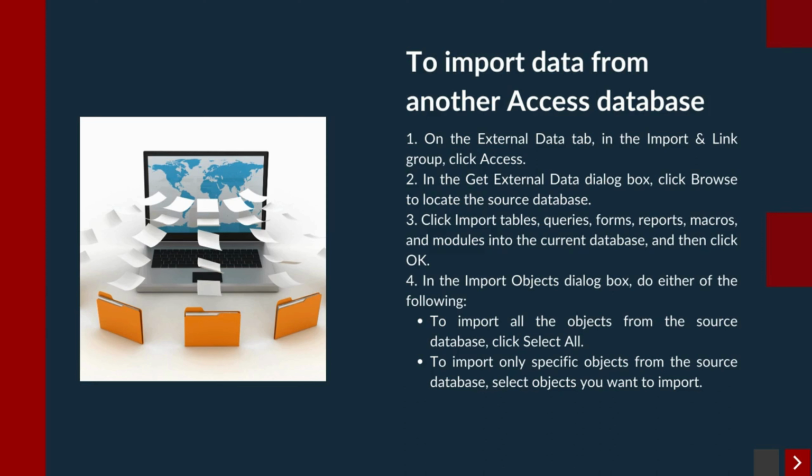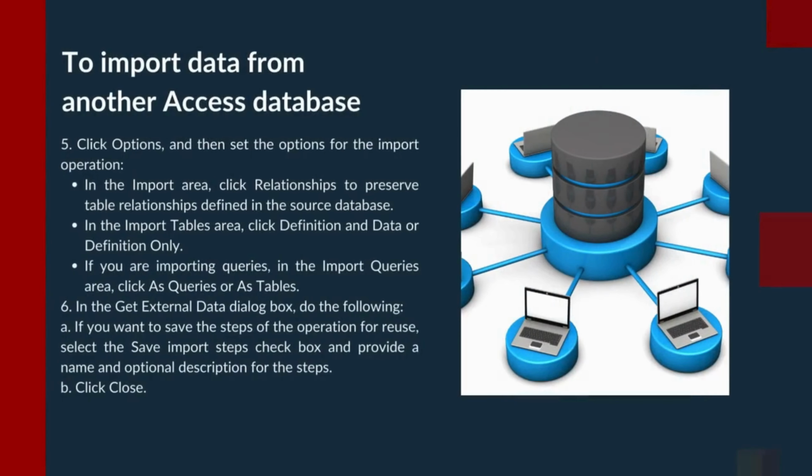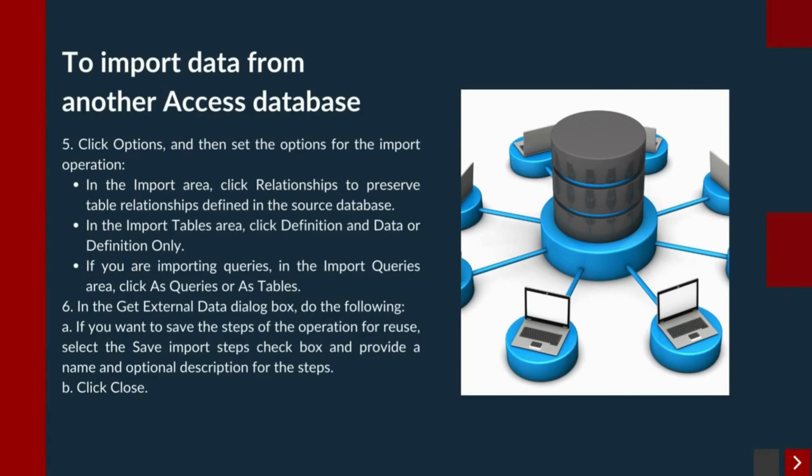4. In the Import Objects dialog box, do either of the following. To import all the objects from the source database, click Select All. To import only specific objects from the source database, select objects you want to import. 5. Click Options, and then set the options for the import operation.